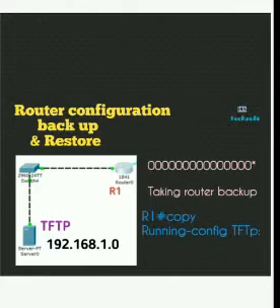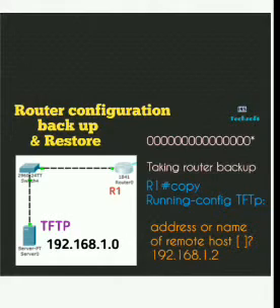Then you will see the prompt: the host name or address, or name of the remote host, or IP address of the host. Here host means the server where we want to store the backup. So for this R1, the host, I will write this IP address.